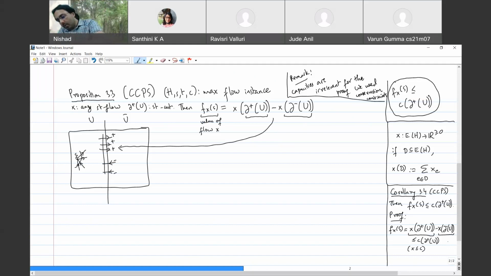So this quantity is greater than or equal to 0 because 0 is less than or equal to x. We are summing a bunch of non-negative numbers, so the sum is going to be greater than or equal to 0. And so, therefore, this entire quantity is upper bounded by the capacity of the cut, which is exactly what we wanted to prove.